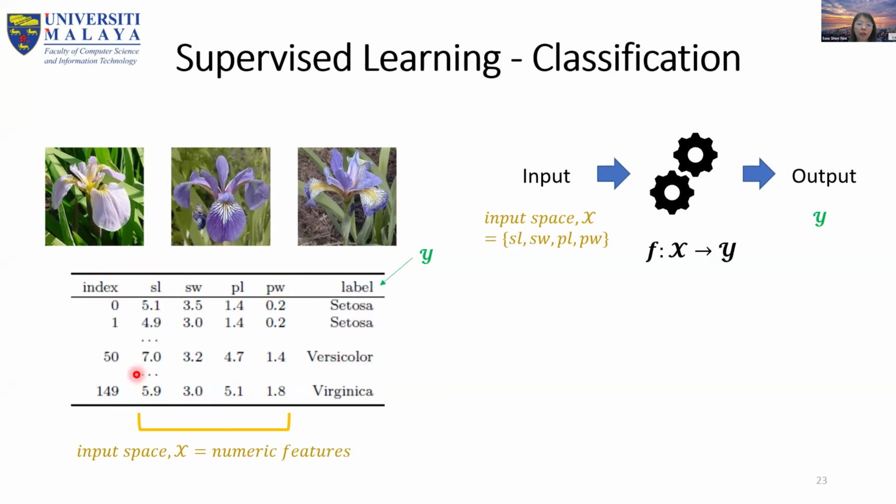These are the x that we pass in. Then we map into the y, which is Setosa, Versicolor, and Virginica. So the whole idea for supervised learning here is that we want to learn a function that maps between x and y, and then we try to minimize the loss between the predictions and the true y.